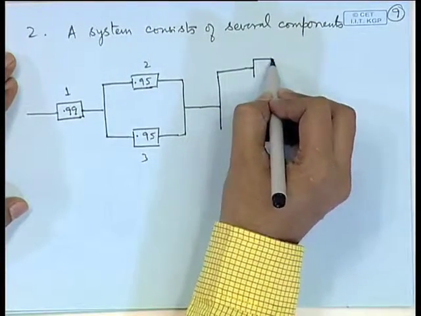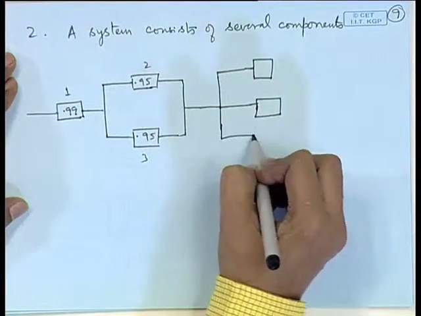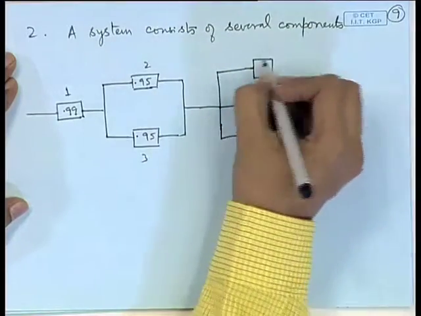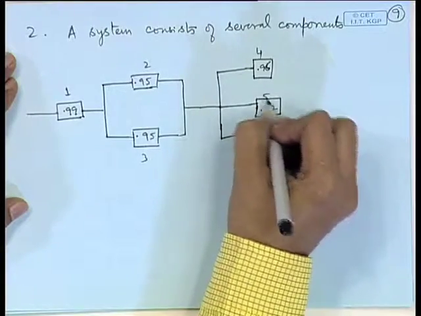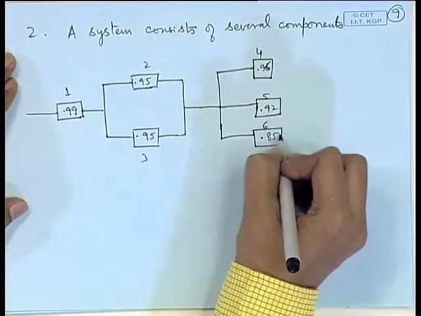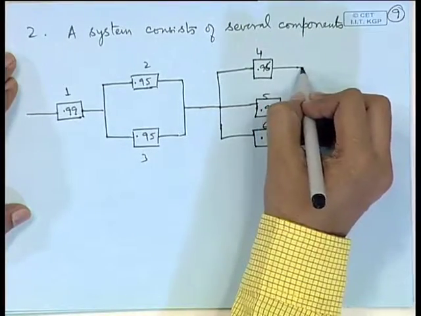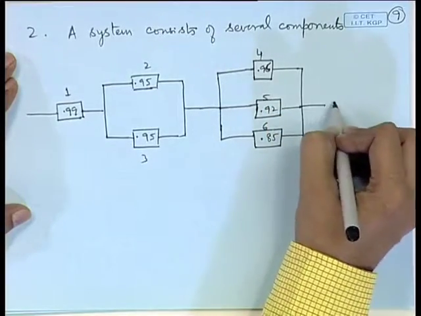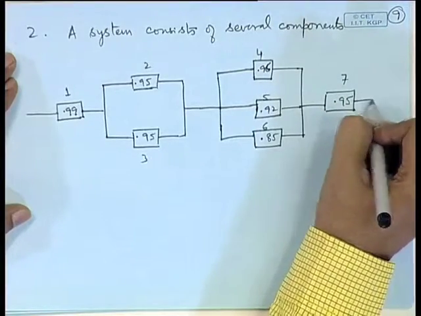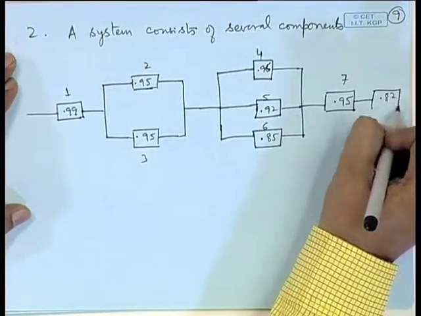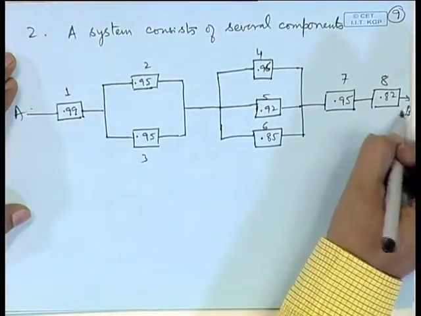The next part consists of 3 components connected in parallel with the reliability 0.96 for component 4, 0.92 for component 5 and 0.85 for component 6. The next one consists of a single component 0.95 and the next one consists of a single component. Suppose this is A, this is B.